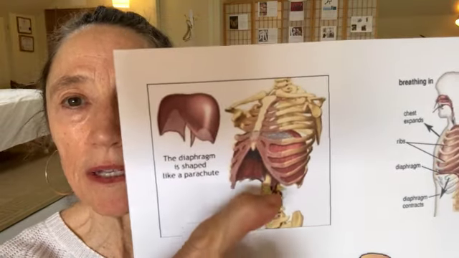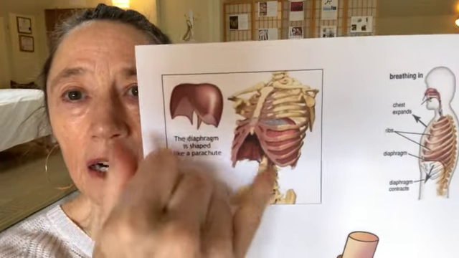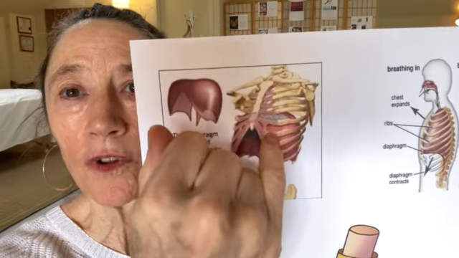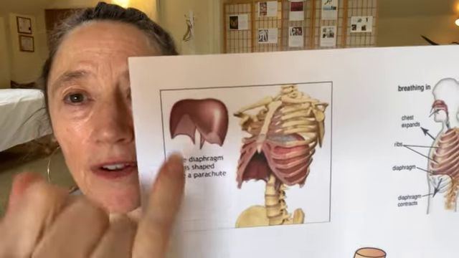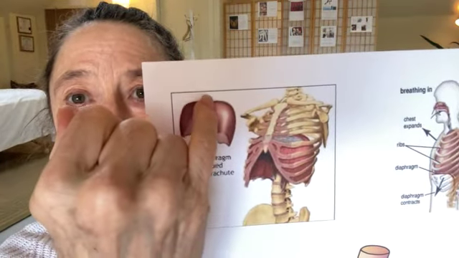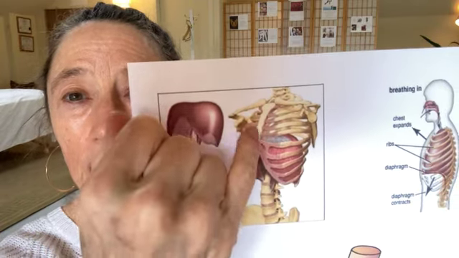So the diaphragm is the ceiling of the belly, and it's the floor of the lung cavity, and the heart sits right there. So right there.